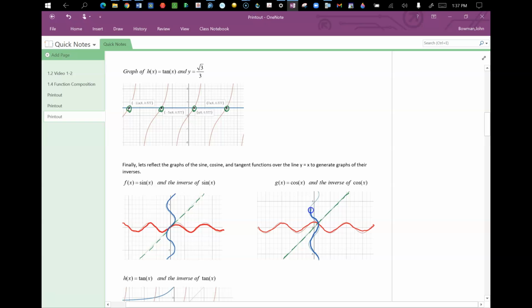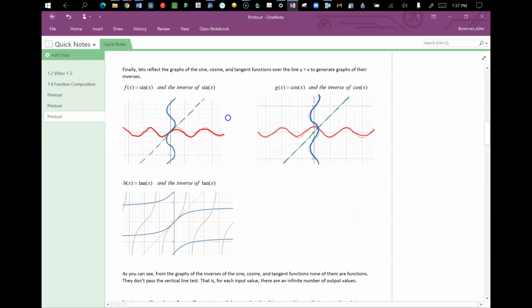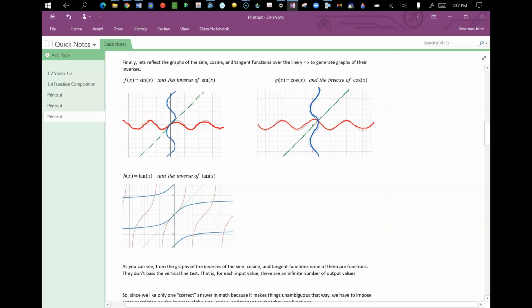But in its current form, it also is not a function because it doesn't pass the vertical line test, which again means that if we put in a cosine ratio, we will get out more than one possible angle. And then the tangent function, same idea, just a little bit more complicated. The graph of the tangent function is shown in red, so I'll draw a couple periods of that.